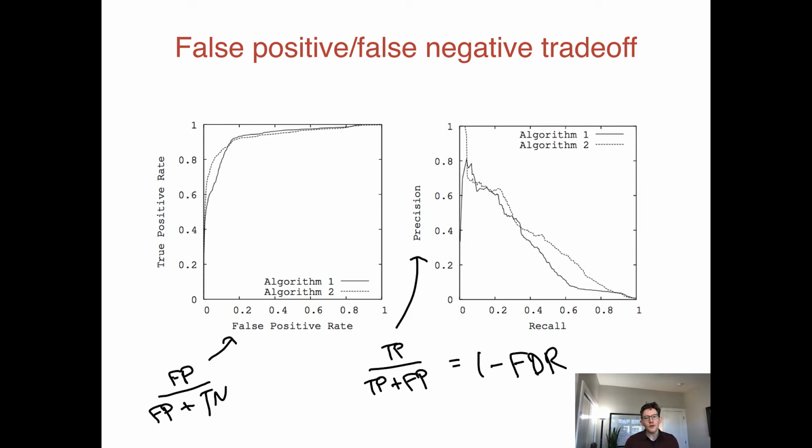You don't care as much about figuring out which articles are not about finance. What you're going to give back from your search is a big pile of articles that you think are about finance. So among that pile, you want not too many false discoveries. That is to say, you want to have a high precision.